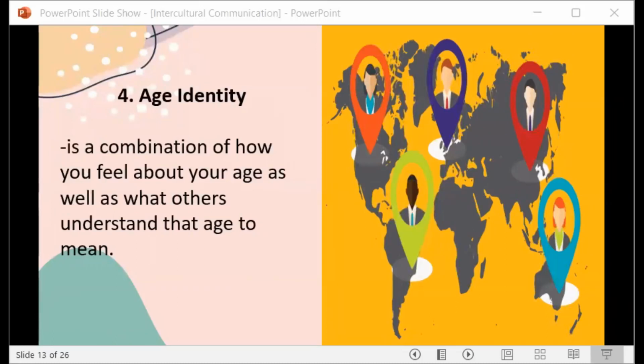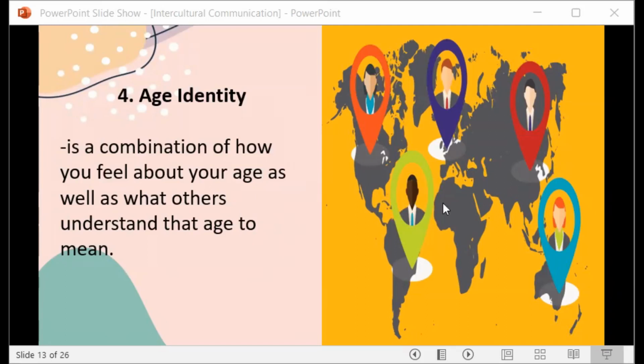Okay? And we also refer to kuya, ate, lolo, and lola in addressing someone who's older than us, whether they are our relatives or not. In Korea, they also address their elders differently by utilizing honorifics.